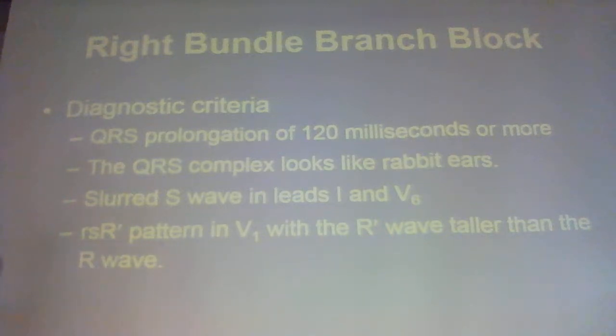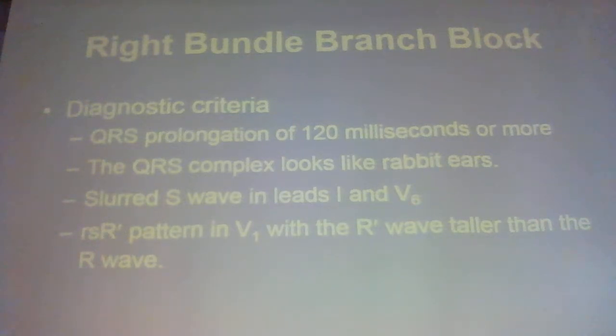You're driving down the road, you're going to take a left turn. Which way does your signal go? Down. You're going to take a right turn? Up. So in V1, if the terminal velocity is down, that's a left bundle branch block. If the terminal velocity is up, that's a right bundle branch block.